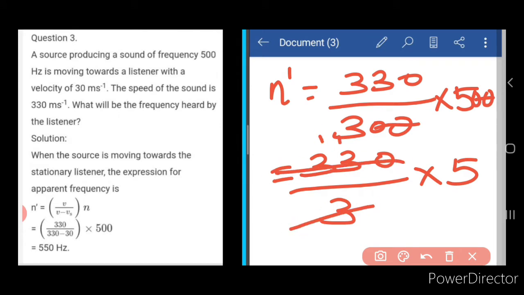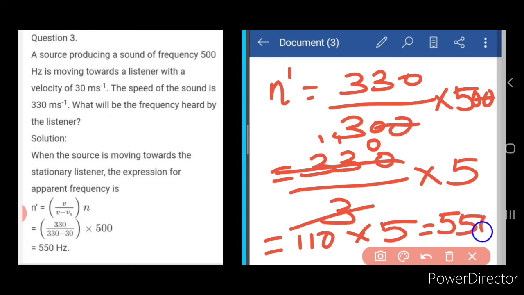So this will become 110, so it is 110 into 5. So what will be the answer? It is 550 hertz. The unit is hertz. So the apparent frequency is 550 hertz.